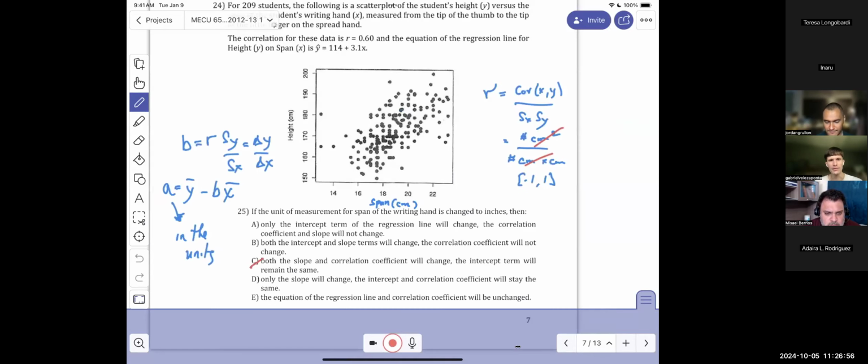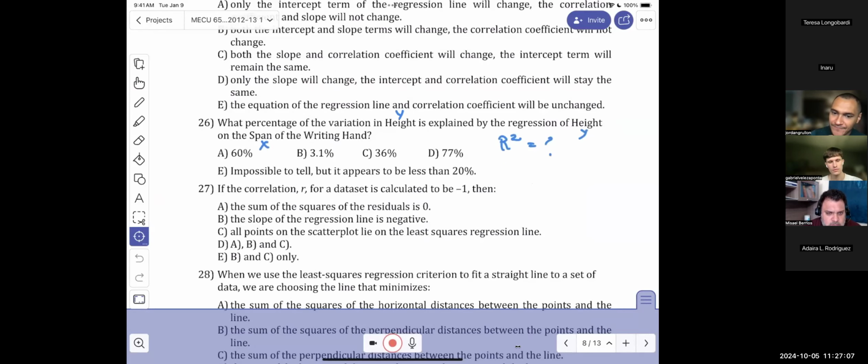So you've got to go to the problem. Do we have r squared? Oh, we have r. So you've got to take r and square it. Which one is it?